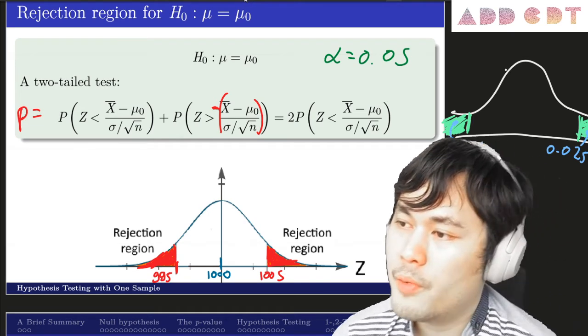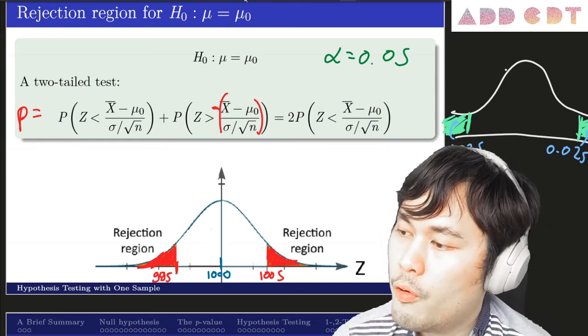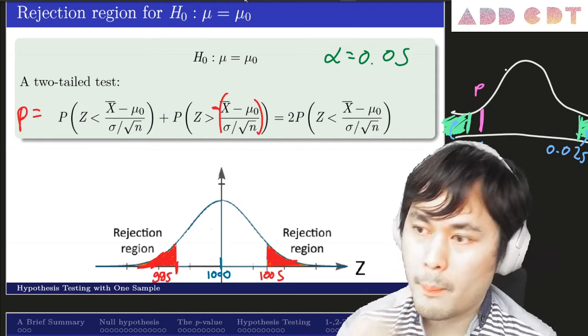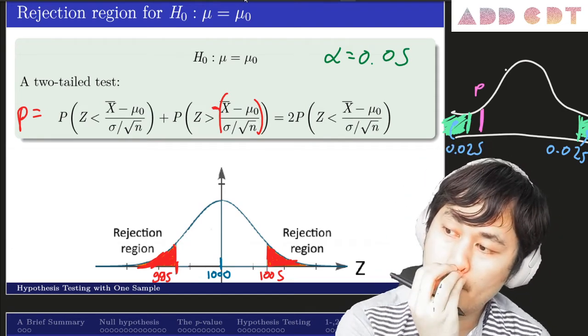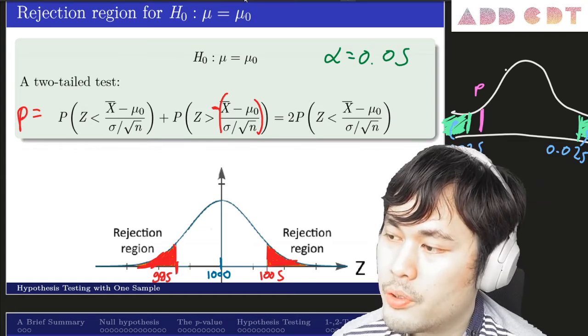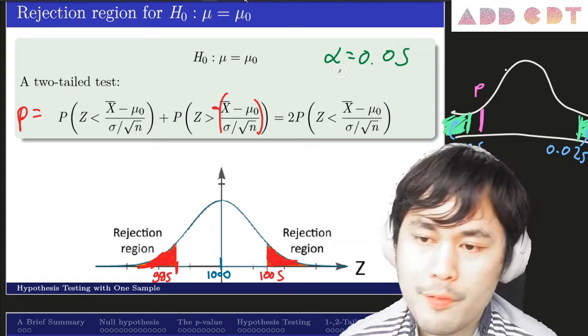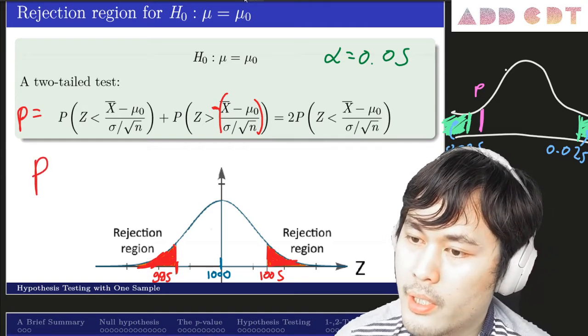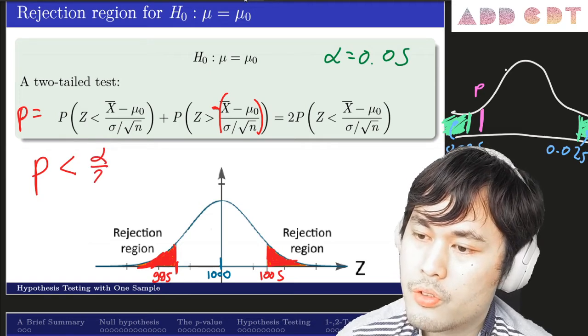So that means whatever value you get here, you actually compare that value. You don't compare that value to alpha. You actually compare that value to alpha over 2.